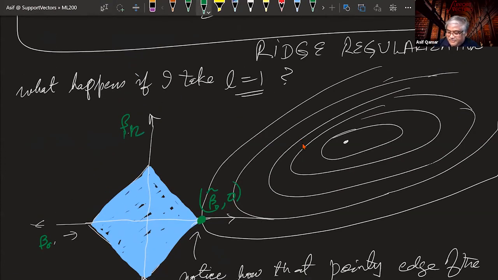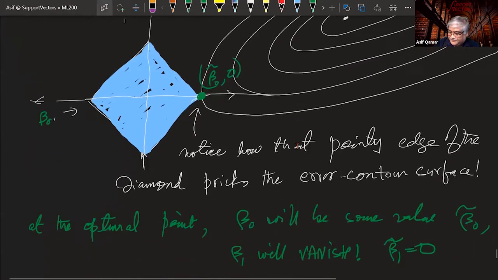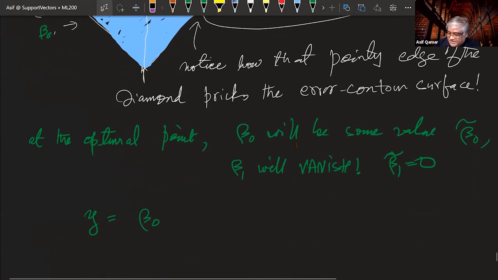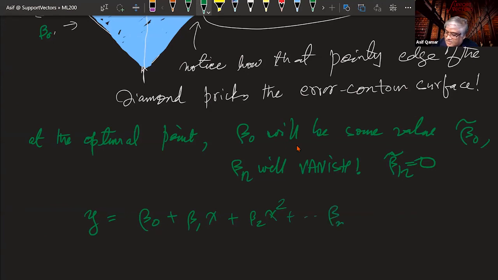It's a polynomial of n dimension, so an n dimensional space. So beta naught plus beta 1 x plus beta 2 x square, and so on, up to x to the power n.